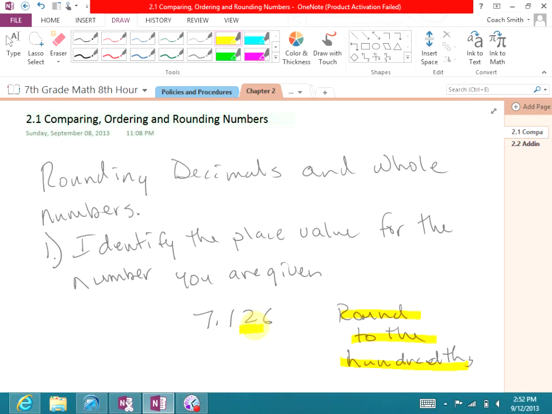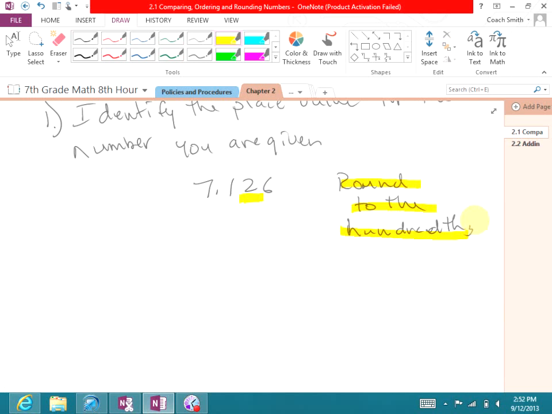Okay, most of the time they're either going to say round the underlined digit, or they're going to say round to the nearest place value. Okay? What we basically need to know is this.